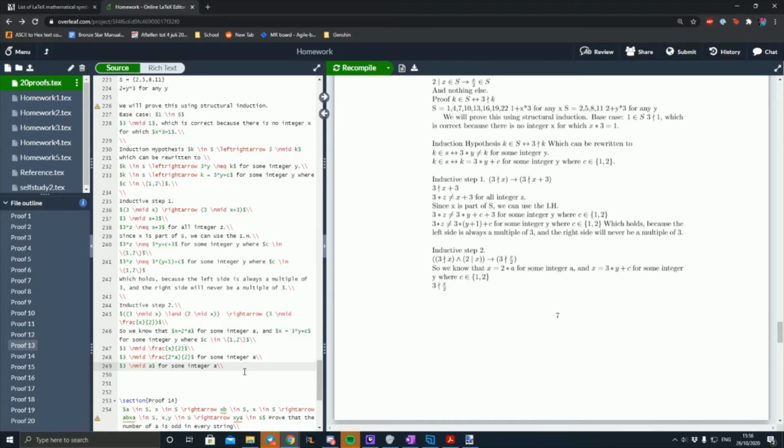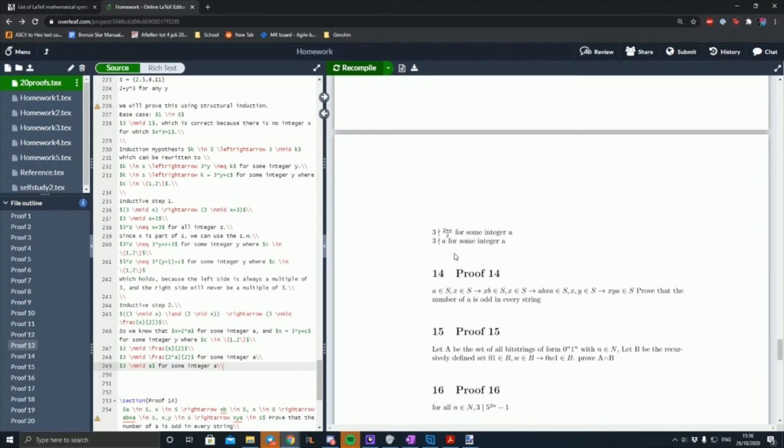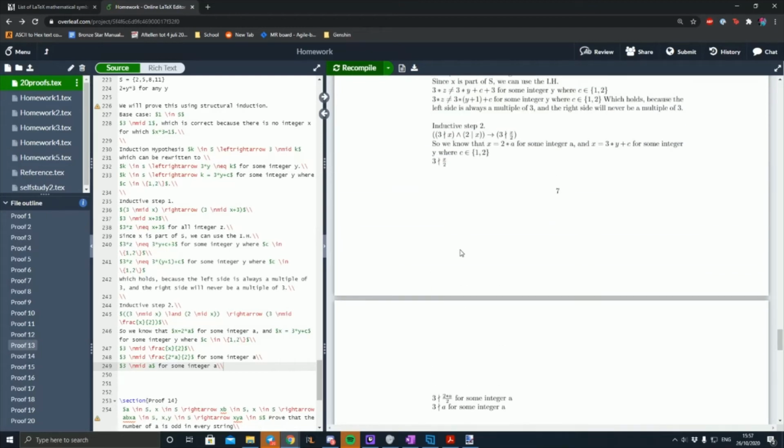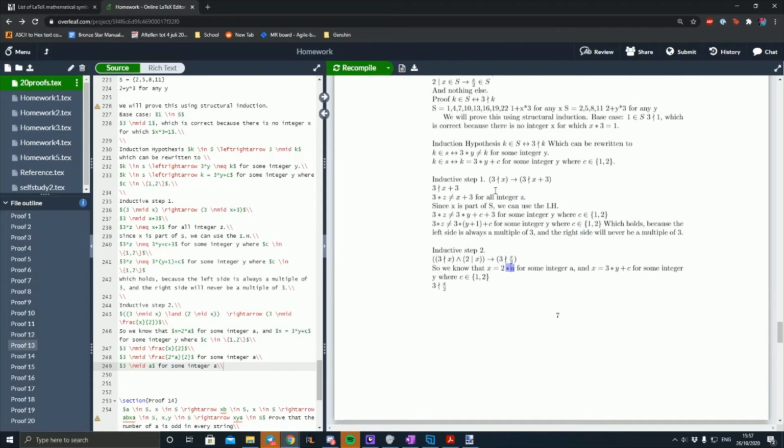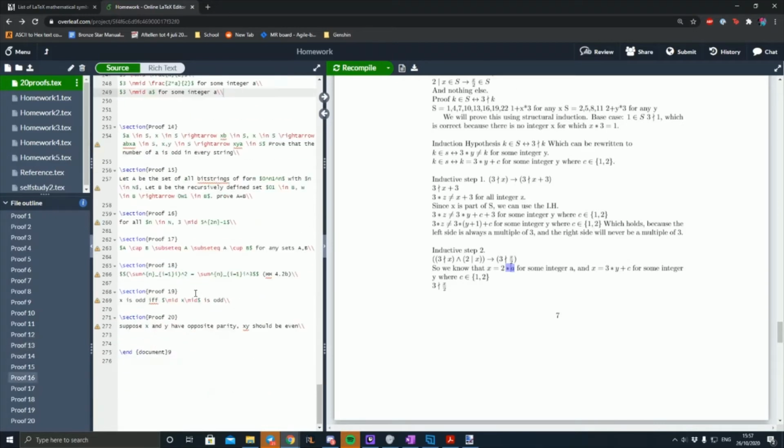And wait, oh, wait. We know that x doesn't just divide a, it's also part of the set. So we won't use x here, we'll use another letter.